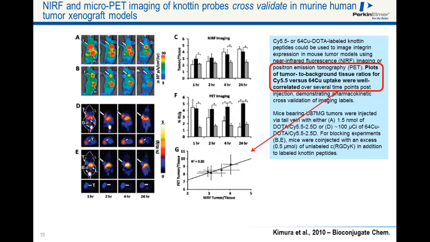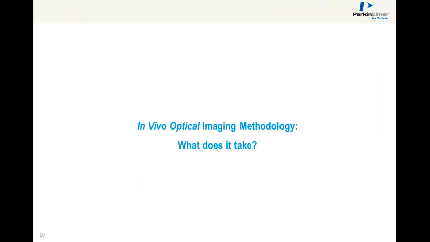Here is an example of a pharmacokinetic cross-validation of a dual-labeled Cy5.5 and copper-64 NODAGA peptide probe in a murine human tumor xenograft model. Plots of tissue ratios correlated well over time. This data is published by Kimura et al. in Bioconjugate Chemistry.